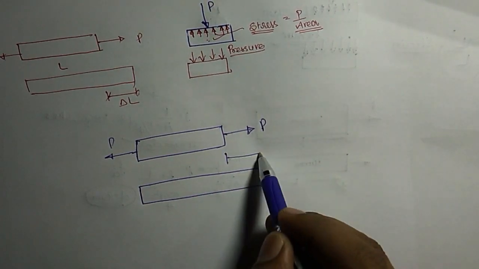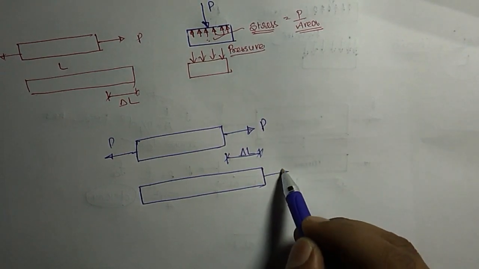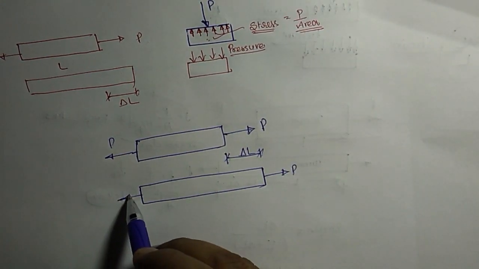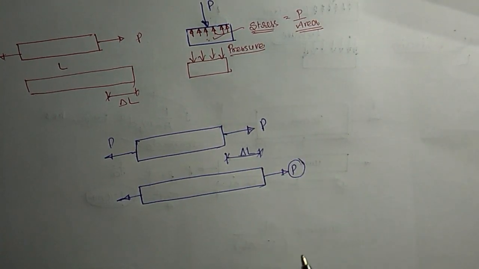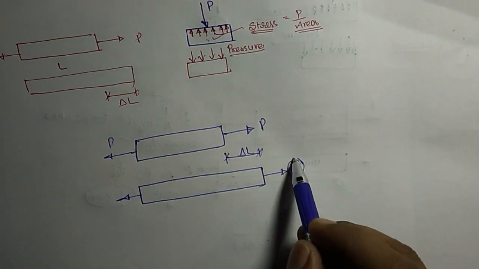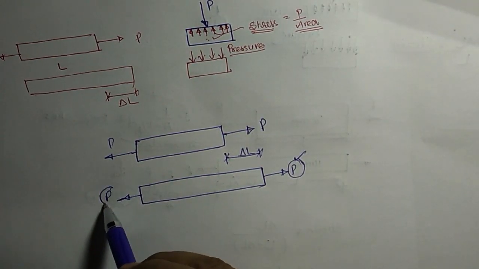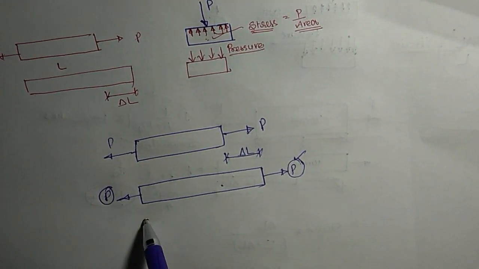This much length has been increased, that we call delta L, by the application of force P. And note that the load applied is within the elastic limit. So if I remove this load from the present state, this bar will regain its original shape and size.